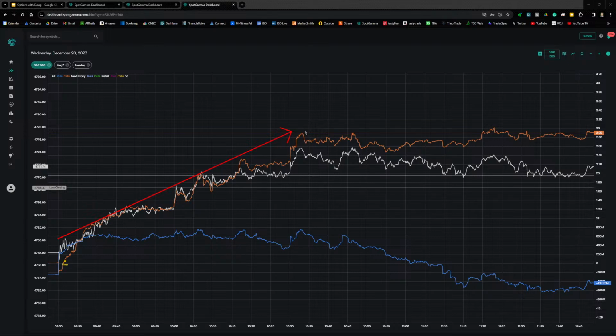Note that price starts to consolidate as the call buyers take their foot off the gas. Initially traders were selling puts, then they take their foot off the gas and start buying puts, and again price consolidates.